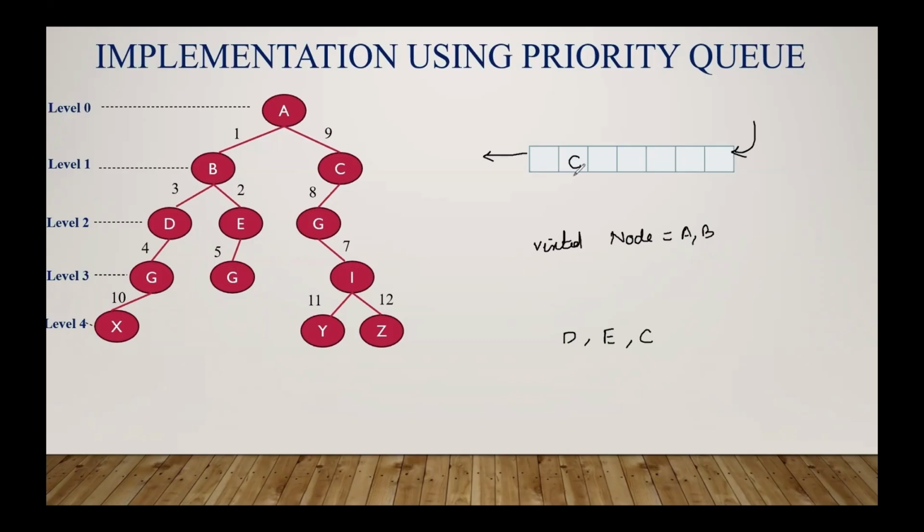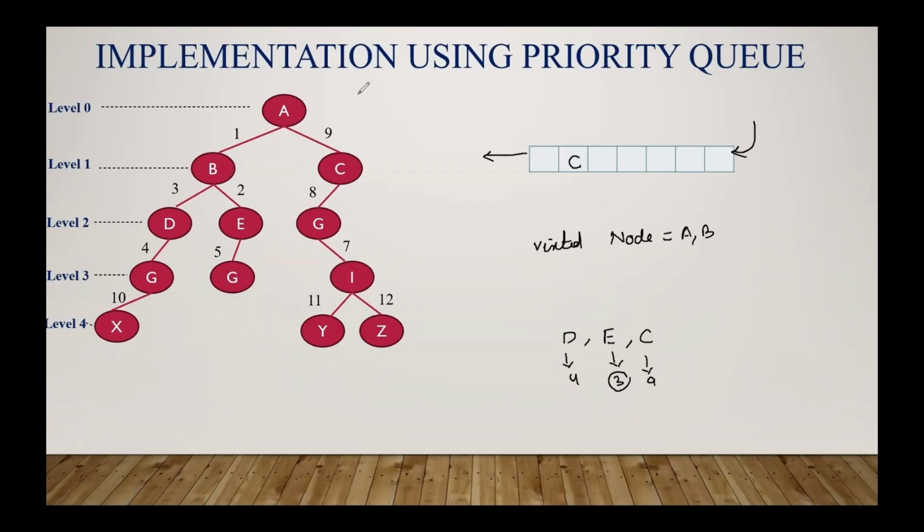Now we have to calculate the cumulative path 1 plus 3. That is, D has 4, E has 3, C has 9. Whenever we go for the insertion, the priority queue inserts the element according to priority. So which one has the higher priority? 3.